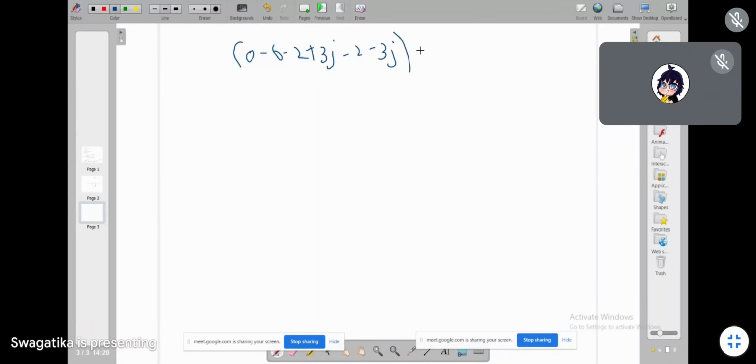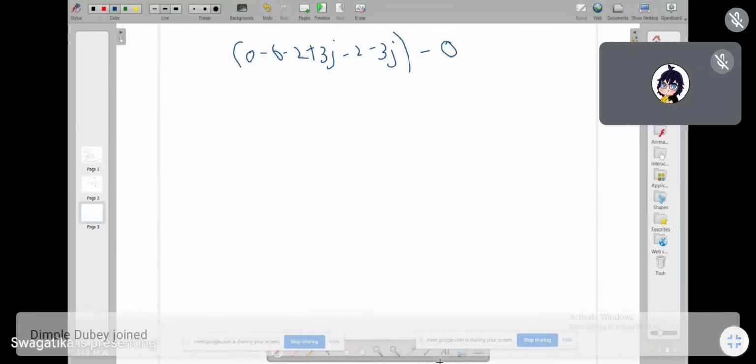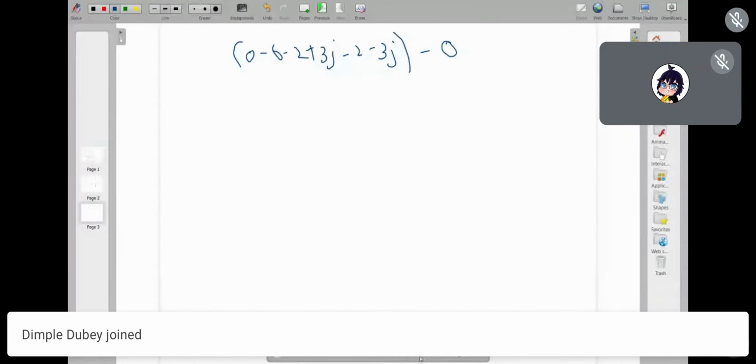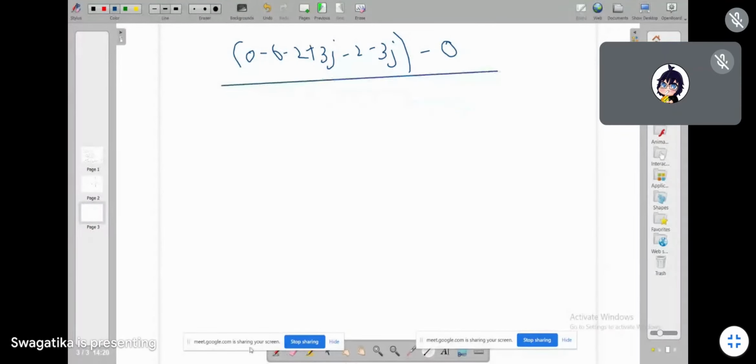Summation of poles minus summation of zeros will be 0 because there is no zero, divided by number of poles minus number of zeros. The number of poles is 4, the number of zeros is 0. The plus 3j and minus 3j cancel out.